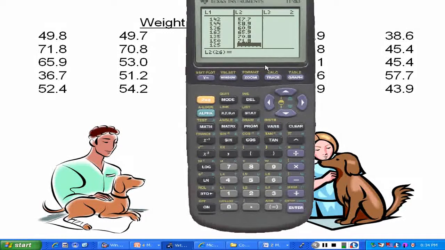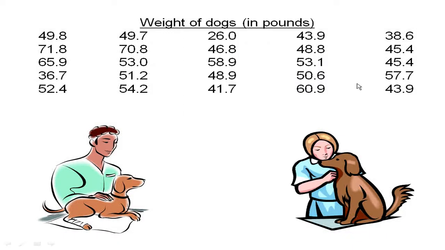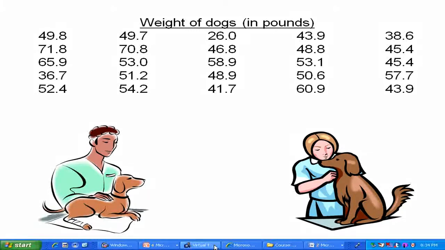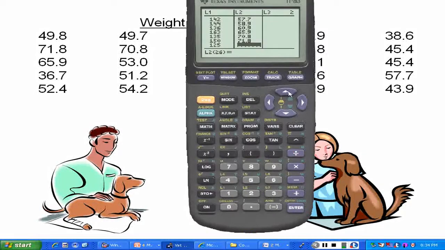Okay, so now that we have that, what's going to be my class width? Well, what's my highest and what's my lowest? 26 was my lowest and my highest was 71.8.